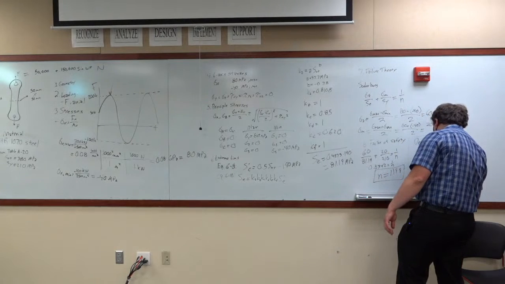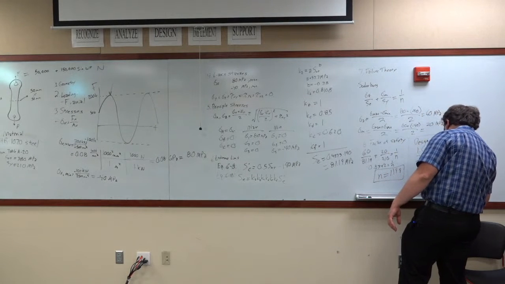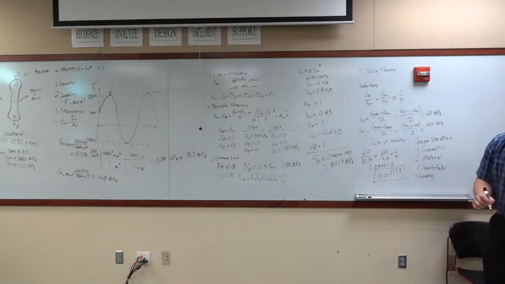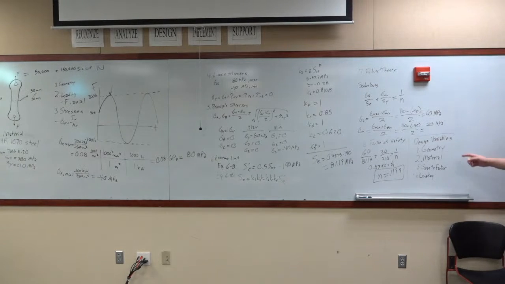And I know that seems a little bit weird to say, but when we go to a design problem, you're looking to maximize one of these. Okay? You're looking to see if, for the material you chose, for the safety factor you chose, and the loading condition you chose, is the geometry acceptable. If it's not, you change the geometry. You do it again. If for the material you chose, and for the loading you chose, and the geometry you chose, maybe you just want to know what the safety factor is.